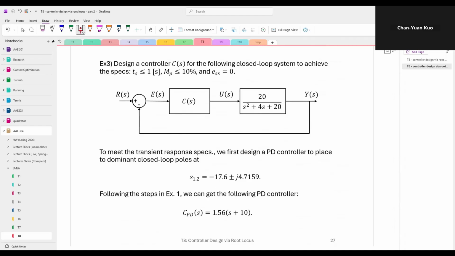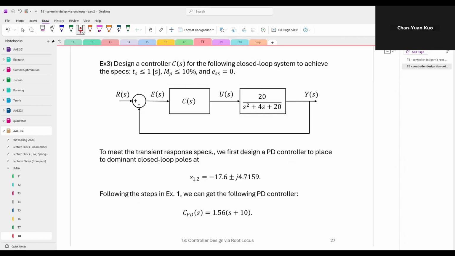Now, let's look at the last exercise. In this exercise, our goal is to design a controller that satisfies both the transient response and steady state specifications. And from the previous two exercises, we already know how to address each of these requirements individually.